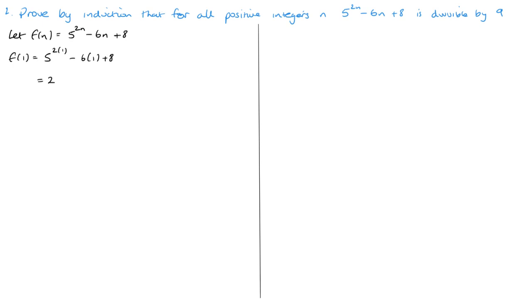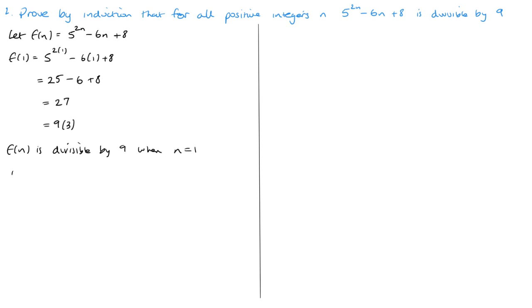So this is 25 minus 6 plus 8, so it's 27, and that is 9 multiplied by 3. So therefore divisible by 9.